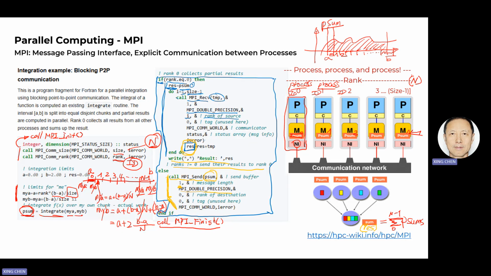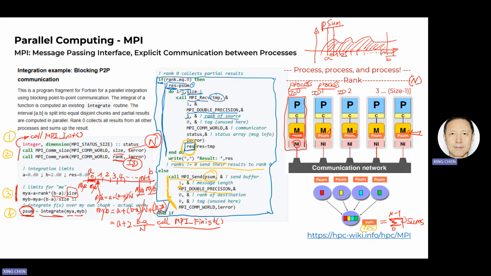The first one is that you need to set up the MPI communication infrastructure, and then each MPI process needs to get the basic information for them to coordinate with each other. The third step is that you need to do the workload decomposition, and then each MPI process is going to work on its workload.